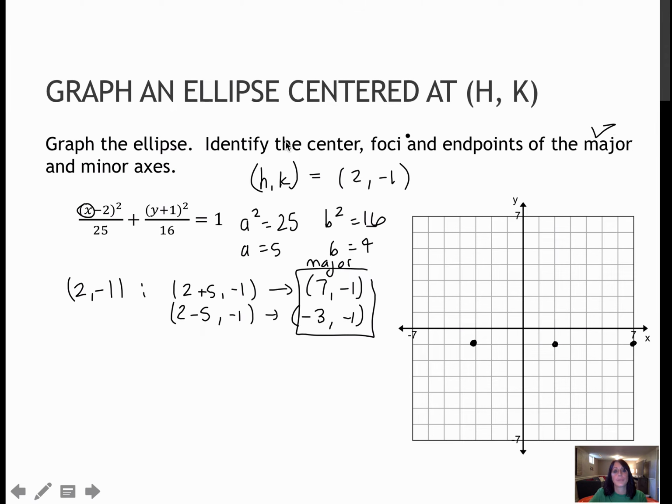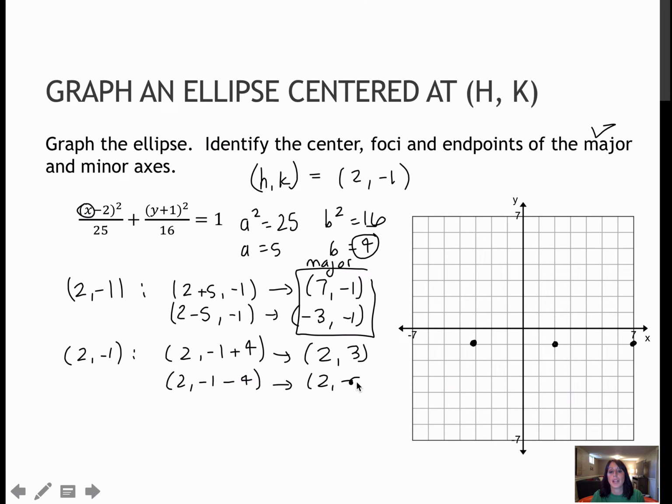So we got that one. The endpoints of the minor axis would be going 4 units in each direction, so 4 units up, 4 units down. Again, if I'm starting at 2, -1, I would be saying that's 2, -1 plus 4, and 2, -1 minus 4, which would of course give me 2, 3, and 2, -5.